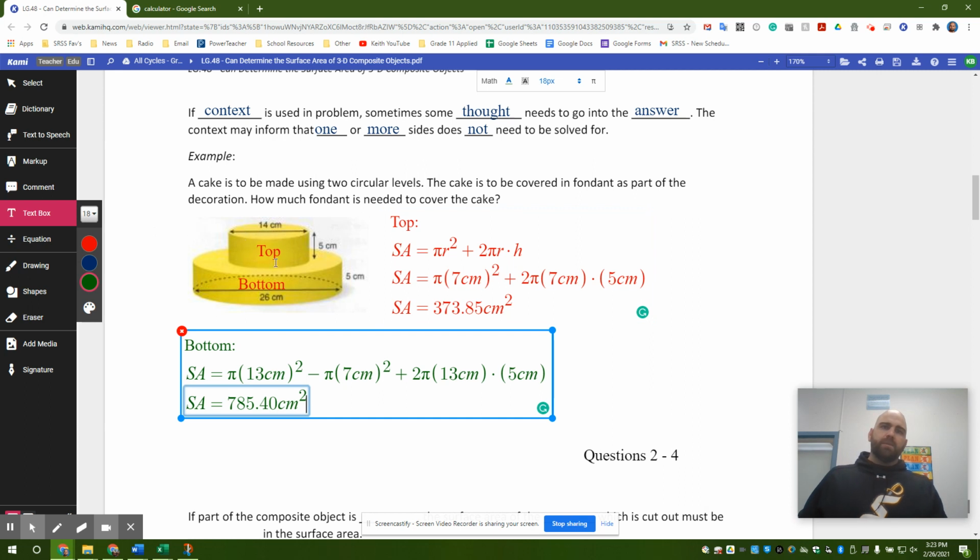So the top piece, the surface area of what we can see is 373.85. For the bottom piece, the surface area that we can see is 785.40 centimeters squared.